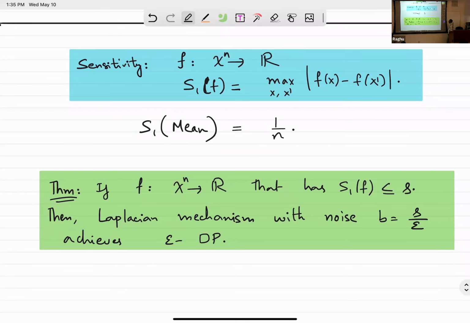Okay, so I just need to add noise which scales with the sensitivity. The smaller the sensitivity, the less noise I have to add. The higher the sensitivity, the more the noise. Okay. Any questions? The same argument works, nothing changed. In fact, that's what we did just before.